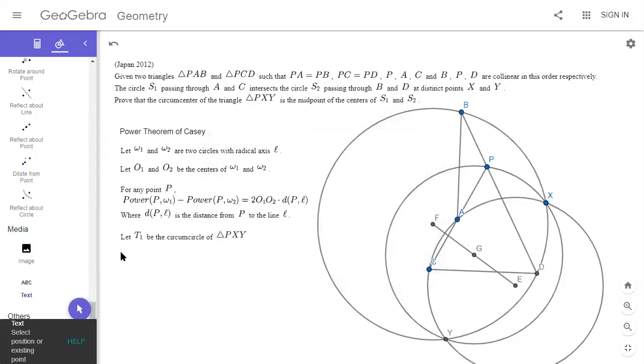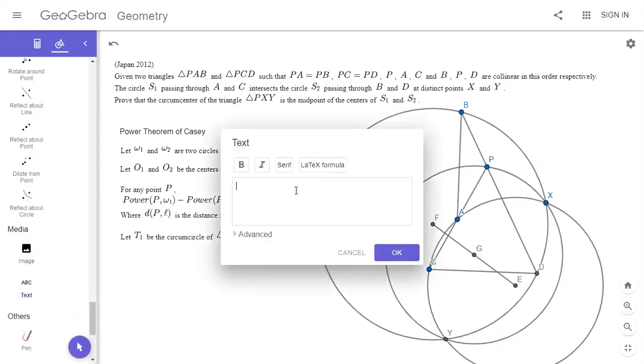So then we have the power of P with respect to... so S1 passes through A and C.